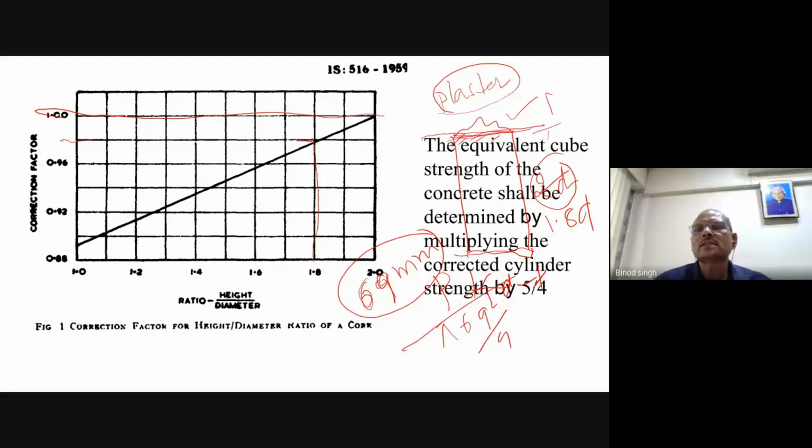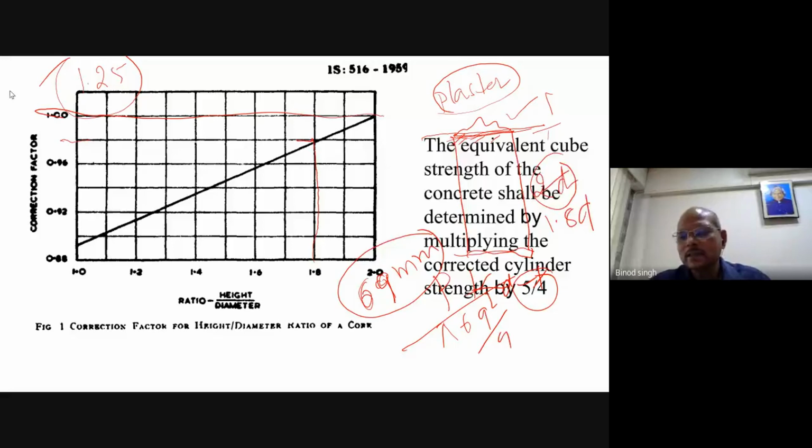Whatever value you are getting, you multiply it by 5 by 4. 5 by 4 means you are multiplying by 1.25. So that is going to give you the equivalent cube strength with respect to your cylindrical strength, because we consider 25%. In the design code, we take 33%, but here we increase it by 25%. So you have to multiply it by 5 by 4. That is going to give you the compressive strength.